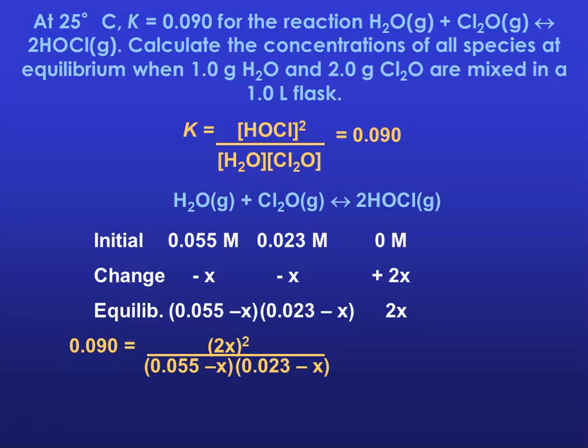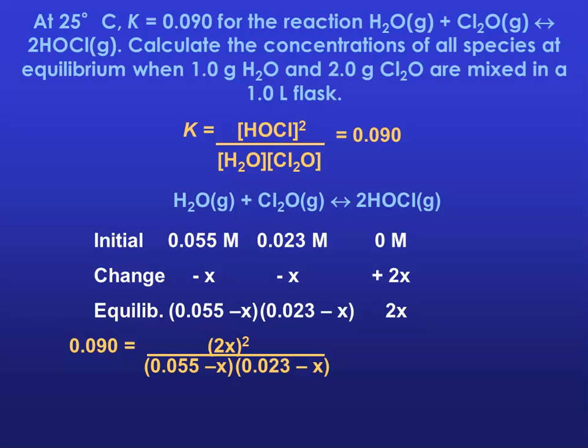This is why I said that you very well may want to have a calculator that can graph available during class, because this would not be the most fun to solve for x. But if you set up your graph so that y1 would be 0.090 and y2 would be this equilibrium expression, the right side of your equation as y2.